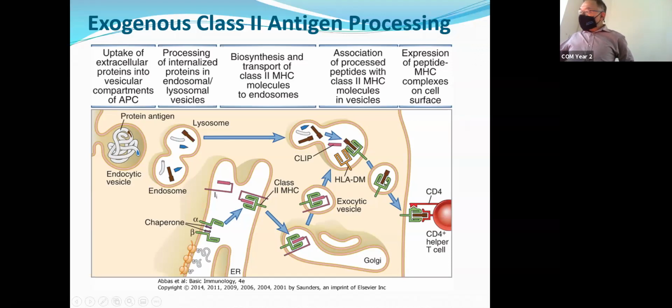And so then this is expressed on the surface where it's recognized by a T helper cell. So the upshot is that the antigens processed in the exogenous pathway for class 2 presentation come from outside the cell through phagocytosis, right?